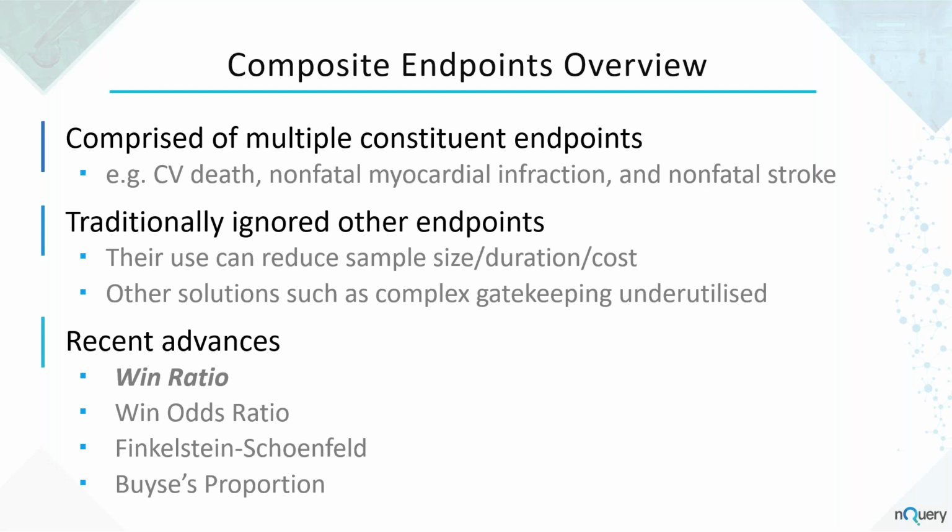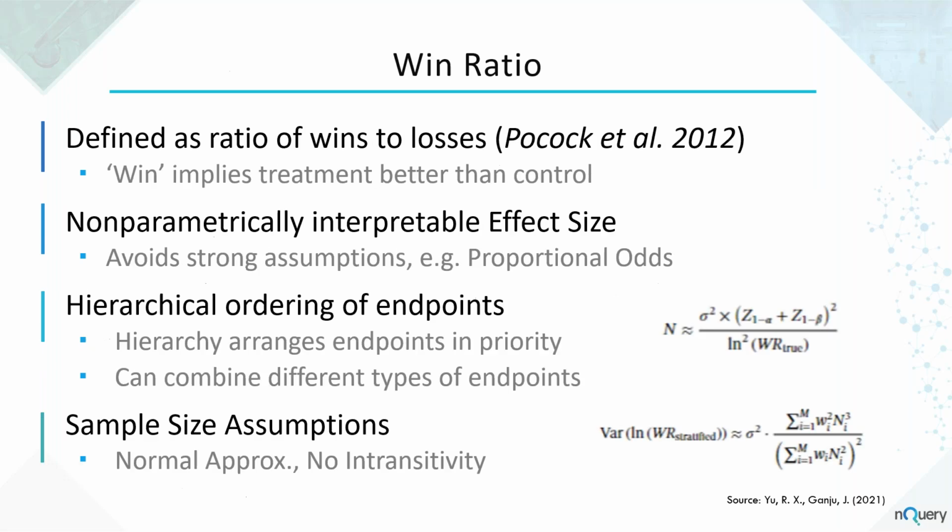So just to mention that all these methods similarly compare pairs of patient data, which is based on the method proposed by Mann-Whitney, which we touched on earlier. However, the win ratio is generally the most common, and that's likely due to the fact that for time to event endpoints, it gives an estimate of the treatment benefit, which equates to the reciprocal of the hazard ratio.